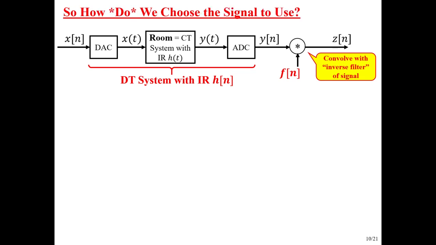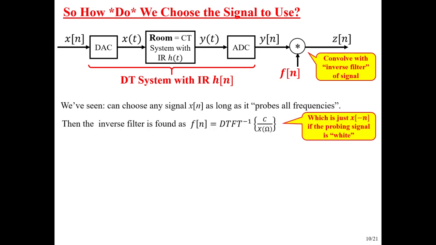Okay, so how do we choose this signal now? Are there some that are better than others? So we have this new view here, and let's go through and look at this. Like I said, we can choose any signal that we want as long as it probes all the frequencies.